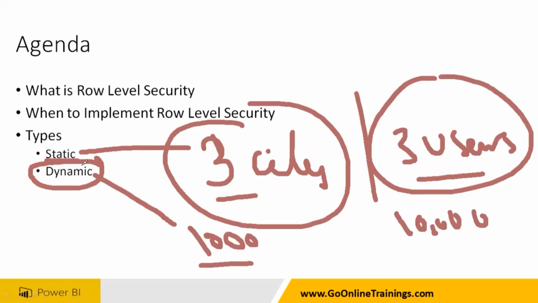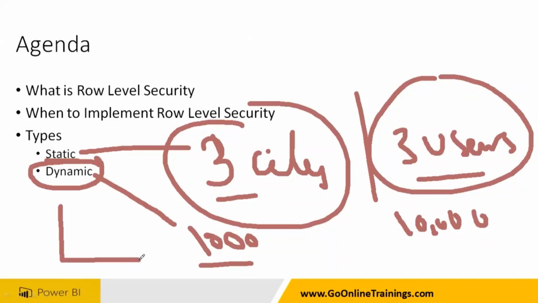So that is when we have to use dynamic level row level security. If we have three cities, we can easily create them. But if you have 1,000 or 2,000 cities, creating them will be difficult, right? So that is when we have to implement dynamic row level security.